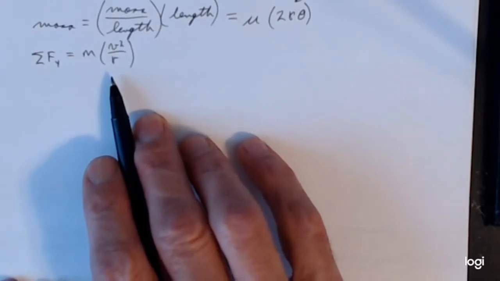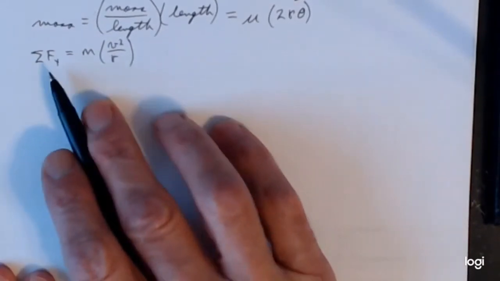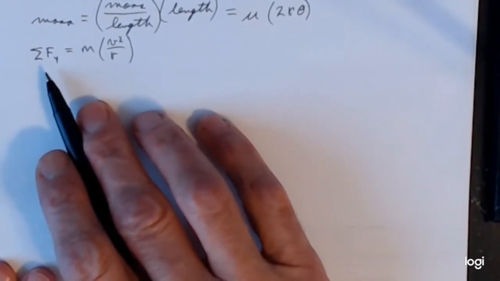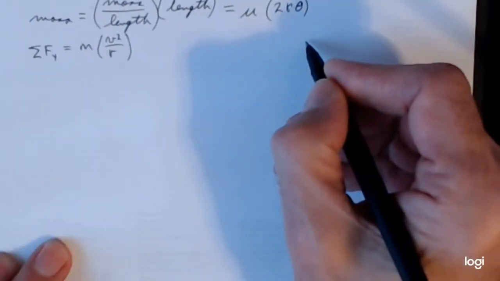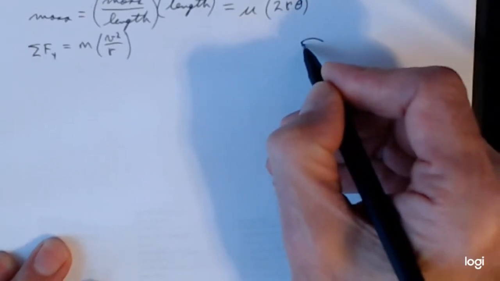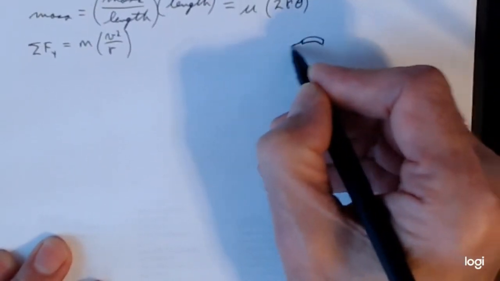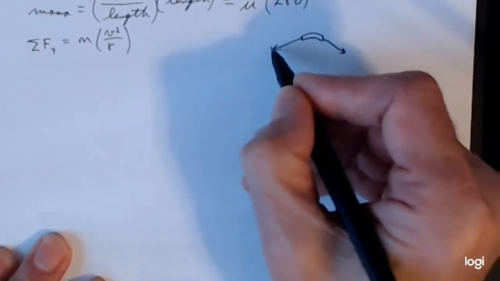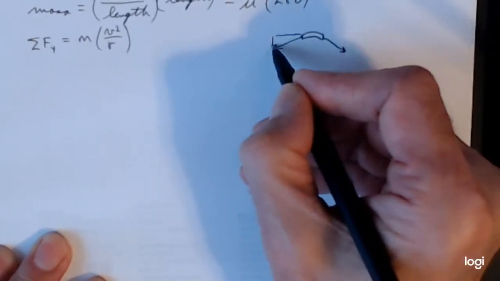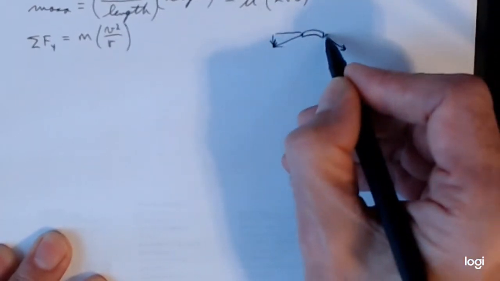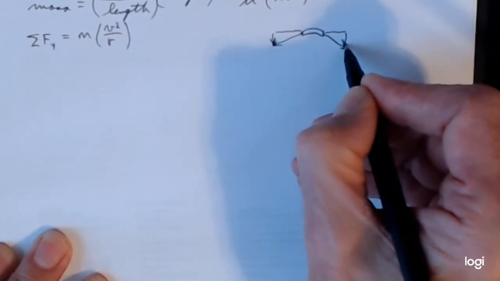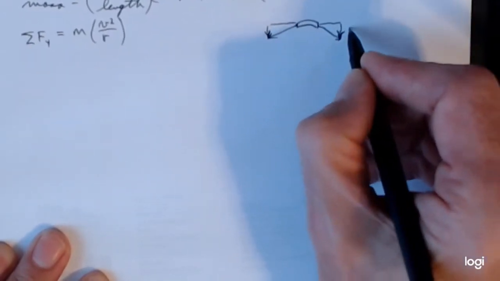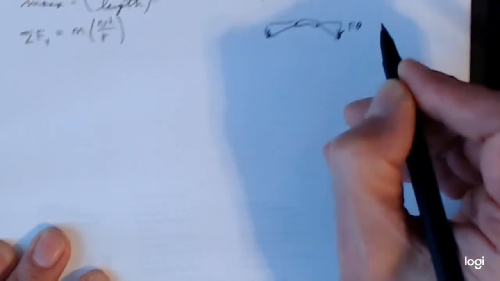So first of all, for the force, maybe I should draw a sketch here. There was the little piece of string like that, and the adjacent pieces of string pulled down like that. We had a downward component there, and a downward component there, and they were each approximately equal to F times theta.